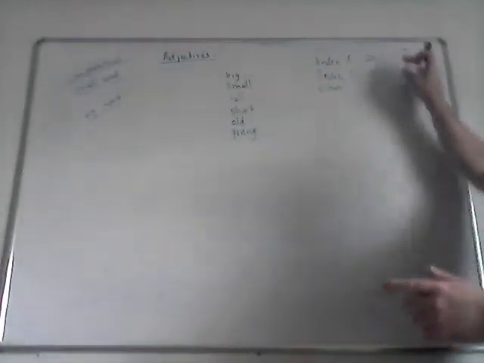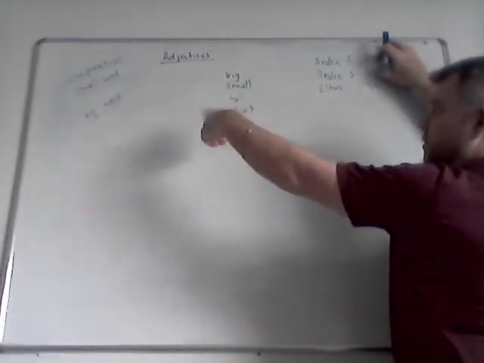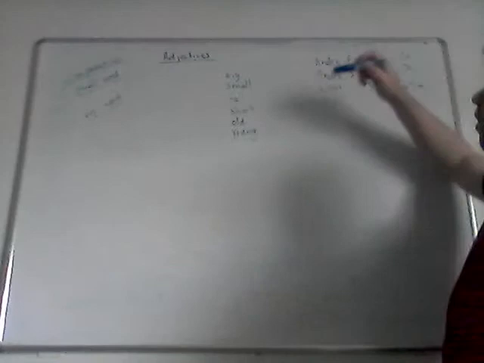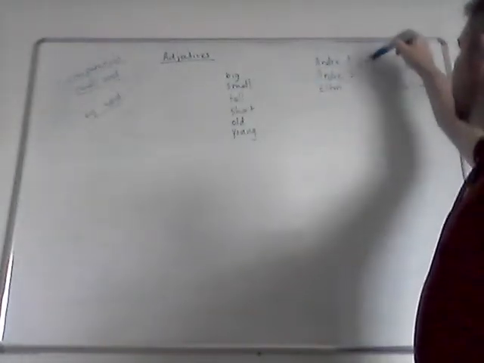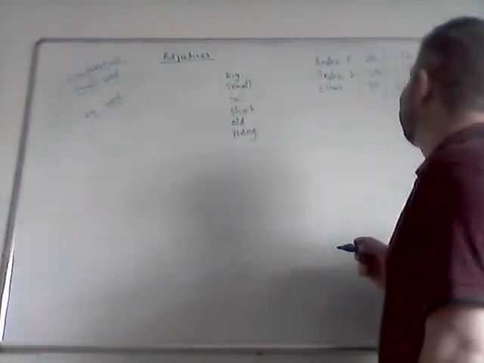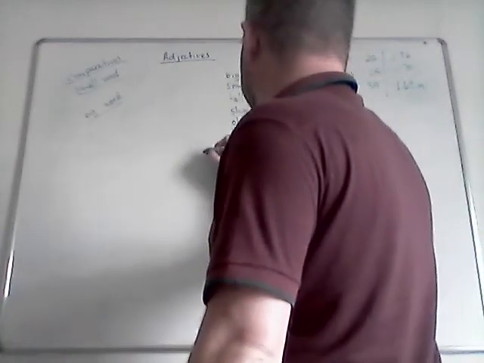So let's compare age. So what adjective do I use for age? Old and young. Okay, so Andrei and Felipe, old and young. Compare. Felipe is young.